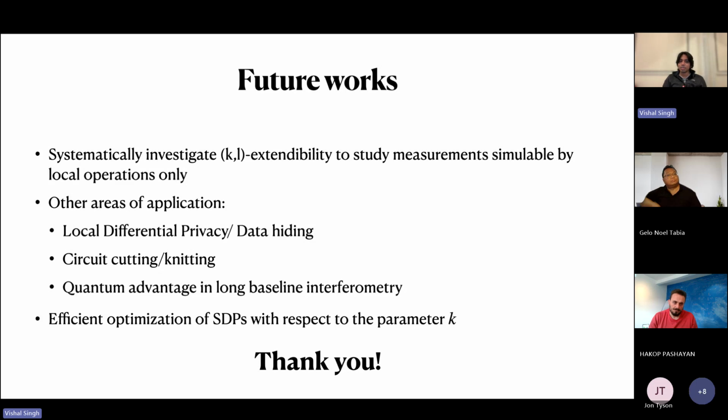And if, instead of writing it as a linear combination of one-way LOCC measurements, you write it as a linear combination of k-extendable measurements, that will give you a lower bound on how many times you need to sample from this probability distribution that you have realized using this linear combination.